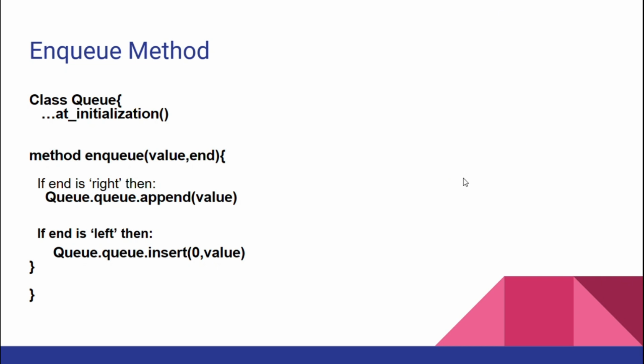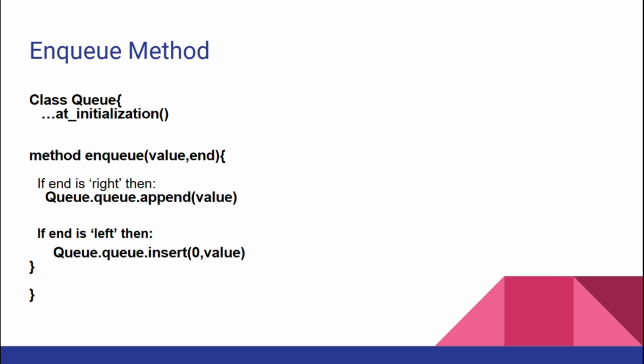Okay, so this is the enqueue method. What this method does is that it adds nodes into the queue. Because this is an output restricted queue, you can add nodes to this particular type of queue from both ends, from the right and from the left. So it's going to take in two arguments. One is the value argument, which contains the value you want to add into the queue, and the other is to pick what side of the queue you want to add the value into.